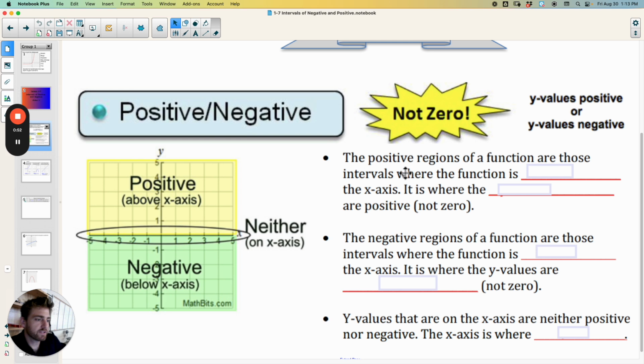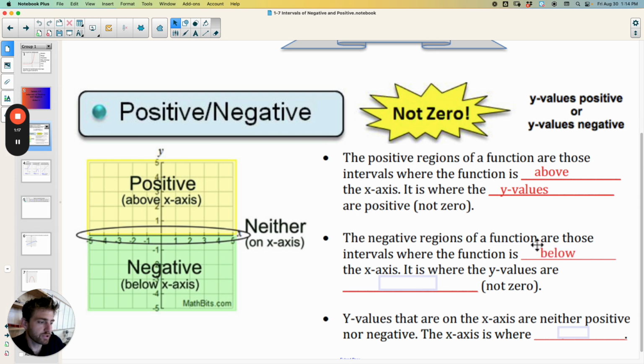All right, so let's fill this in real quick. The positive regions of a function are those intervals where the function is above the x-axis. That's exactly what we just said, and what this shows right here. It is where the y values are positive, not 0. So think, what are the y values doing? Are the y values positive, or are the y values negative?